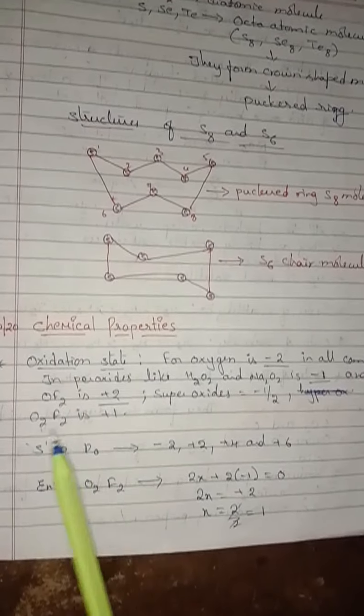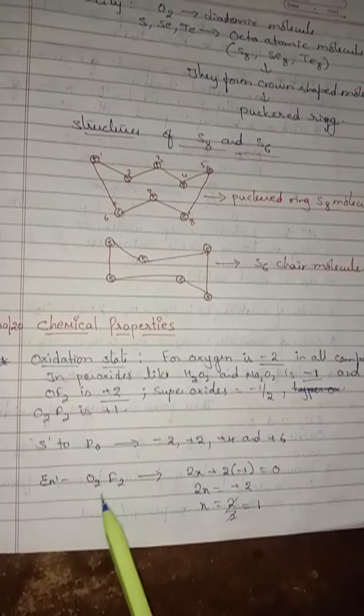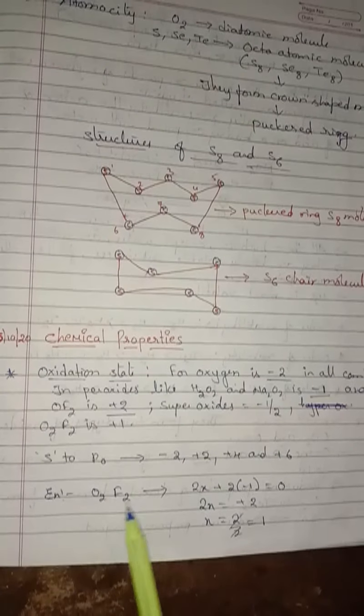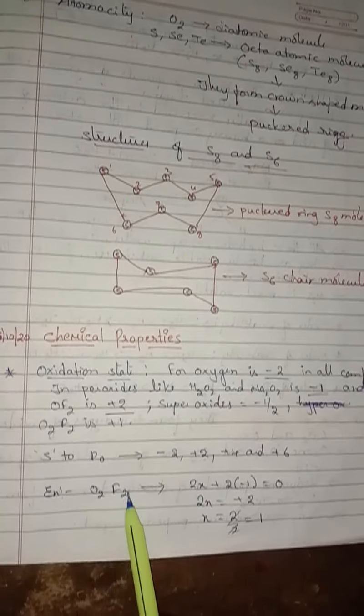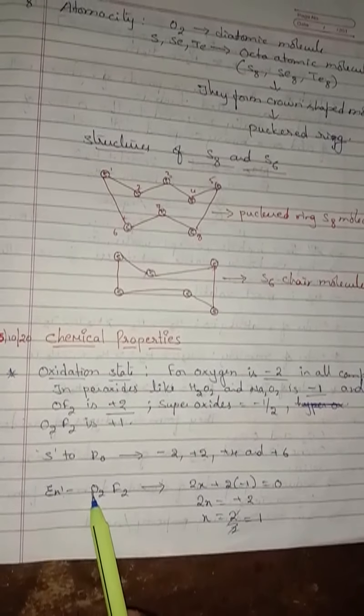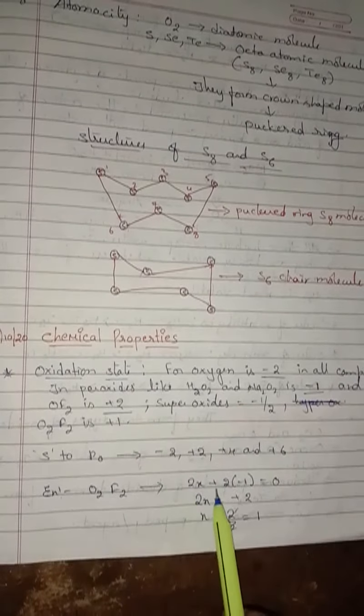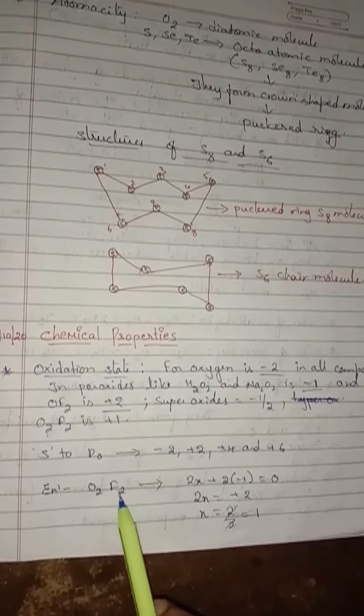If you want to find the oxidation state in any compound like O2F2 or OF2, take the oxidation state of the element you want to find as X. Here in O2F2, 2 oxygens are there, so 2X plus 2 fluorines.